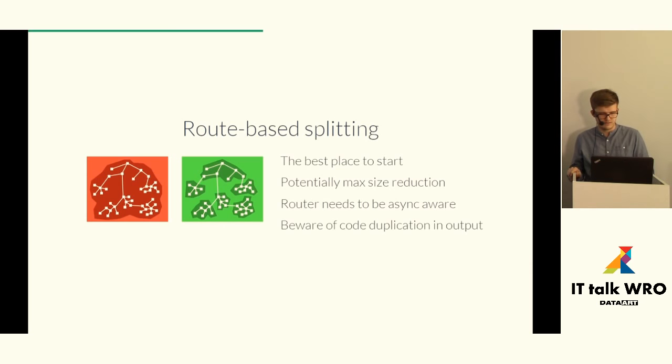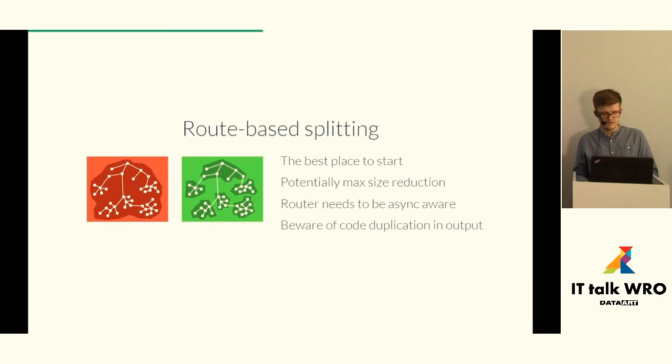It's just ridiculous. The one downside is that the router has to be async aware. But the good news is that the most commonly used library, React Router, is async aware, so it won't be a problem.